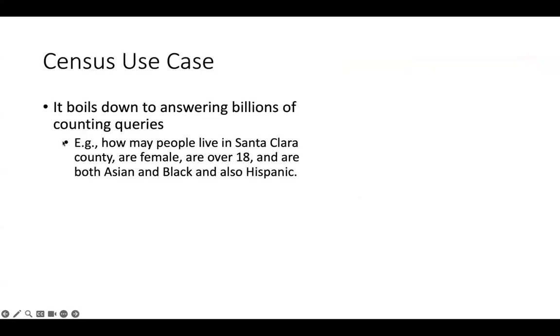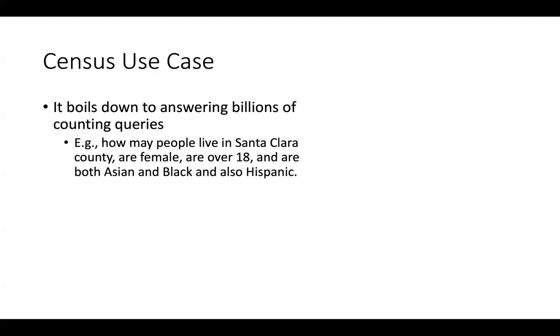Now, the most high-profile use of this mechanism was for the 2020 US Census. I just want to have a very brief slide on that, with the disclaimer that I don't actually know too much detail about what the census did, since I was not directly involved with that. The high-level story is that what the census was doing was just answering a huge number of count inquiries.